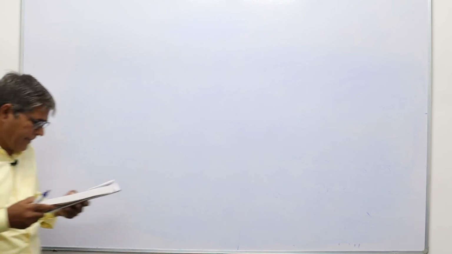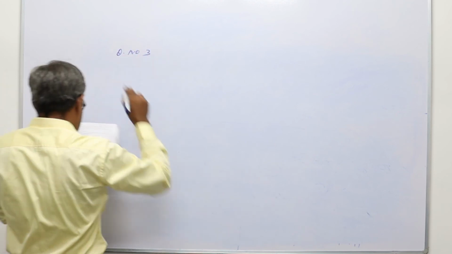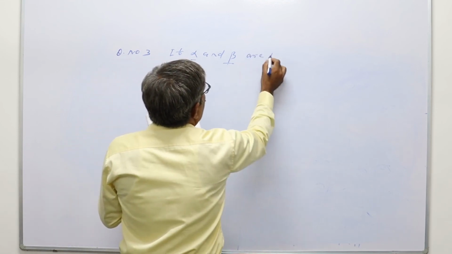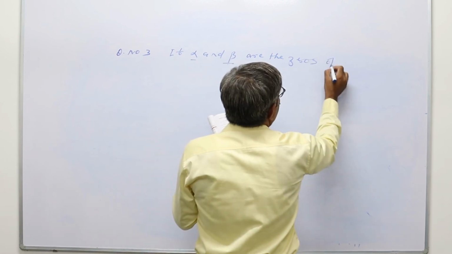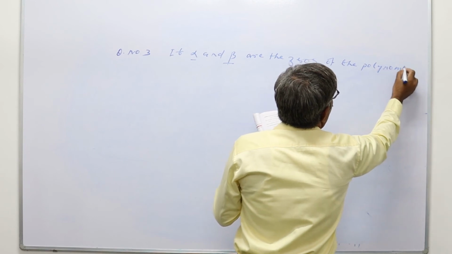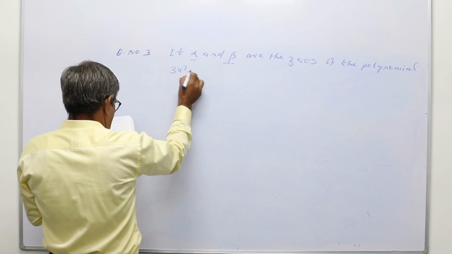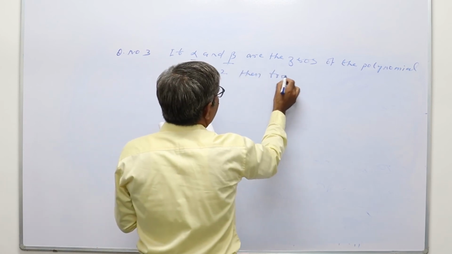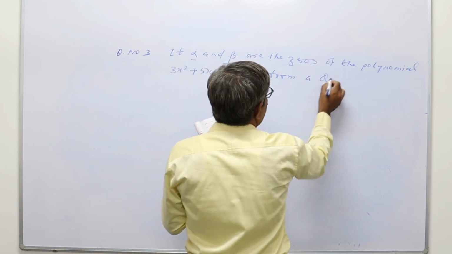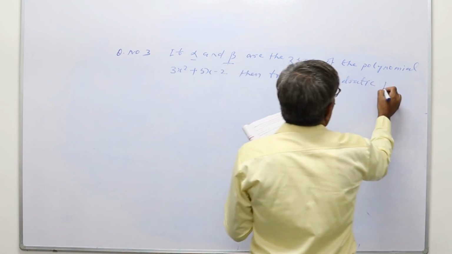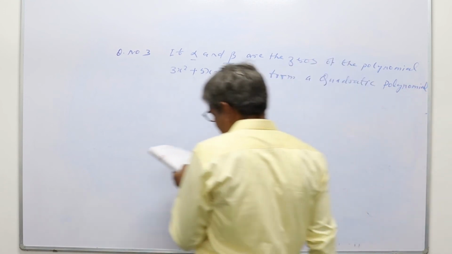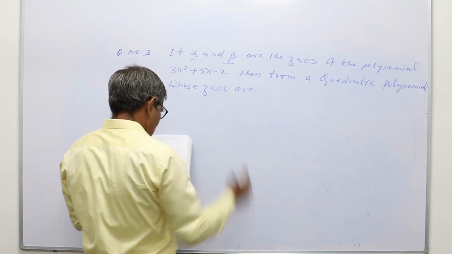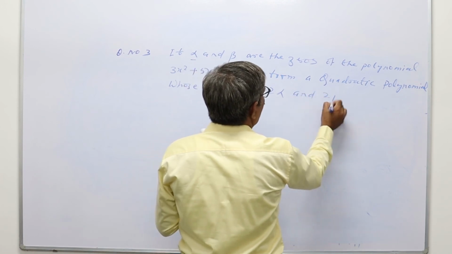Now next question, question number 3. Please note down: if alpha and beta are the zeros of the polynomial 3x square plus 5x minus 2, then form a quadratic polynomial whose zeros are 2 alpha and 2 beta.